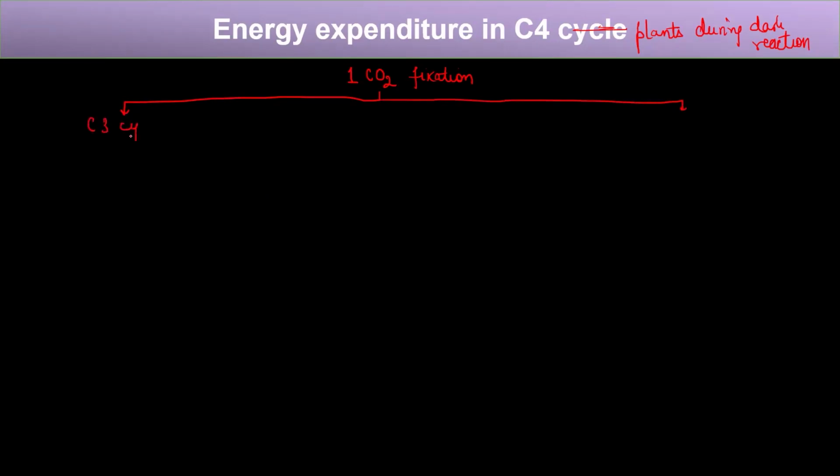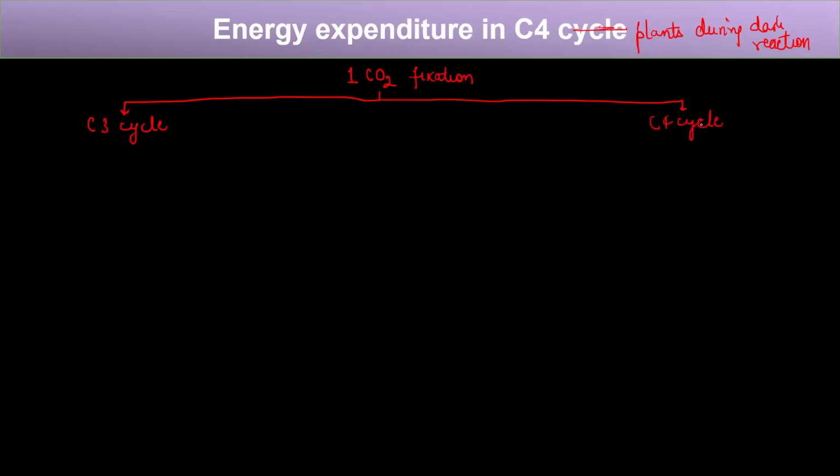If we talk about one CO2 fixation, let's see how much ATP and how much NADPH is required. Because it is a C4 plant, we have both the C3 cycle and the C4 cycle.